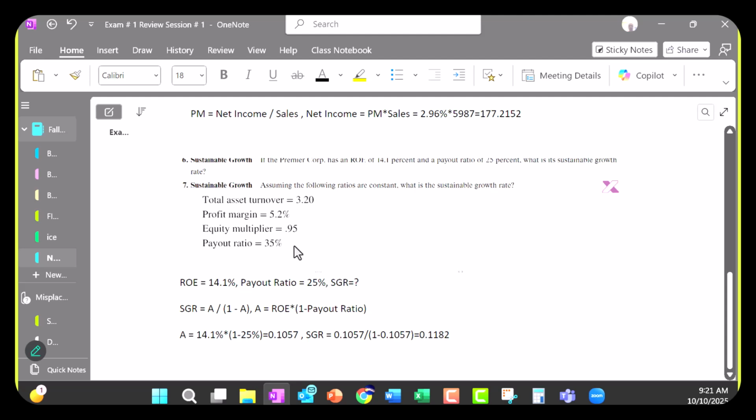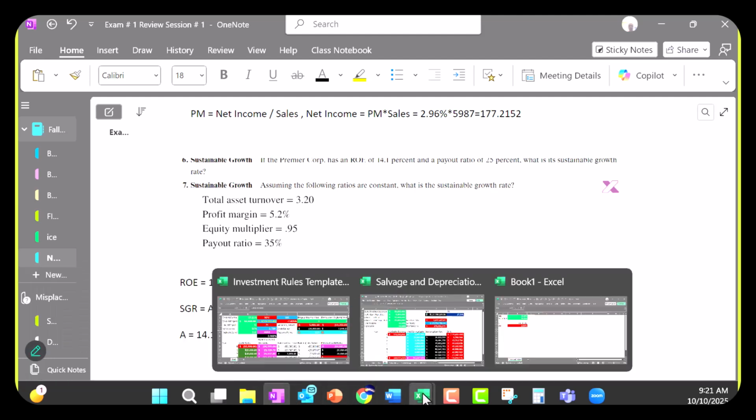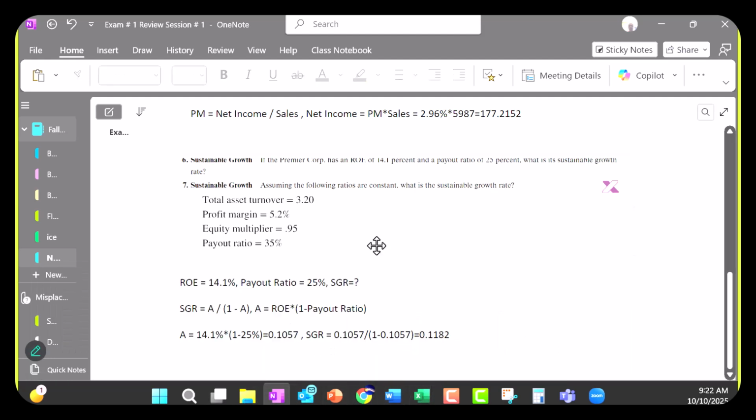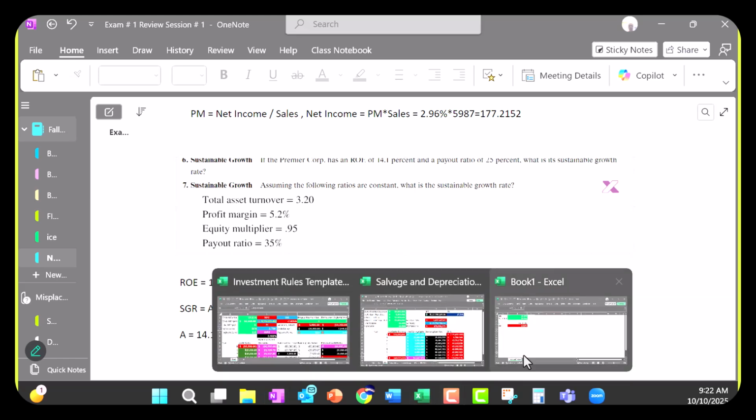Now let's talk about the next problem. Assuming the following ratios are constant, what is the sustainable growth rate? Let's do this on Excel.